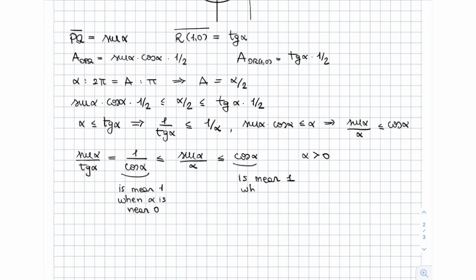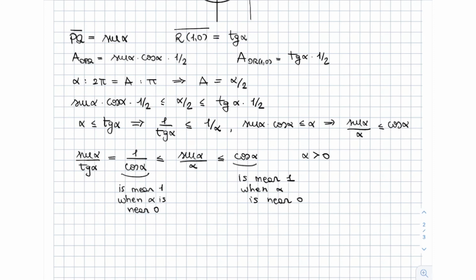Therefore, as sine of alpha divided by alpha is between these two quantities, it must be true that sine of alpha divided by alpha is near 1 when alpha is near 0.